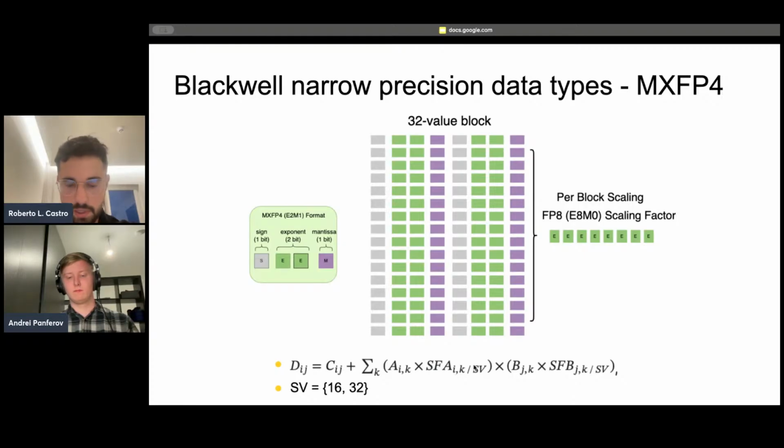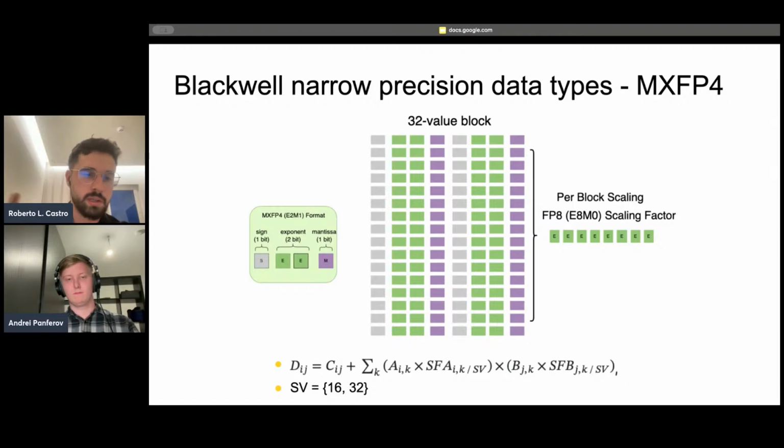And this scaling factor is applied to the inner dimension of the matmul. So for instance, for this A matrix, the K dimension is going to be divided by 32 in the case of MXFP4, because we assign a single scaling factor to each 32 elements, right?